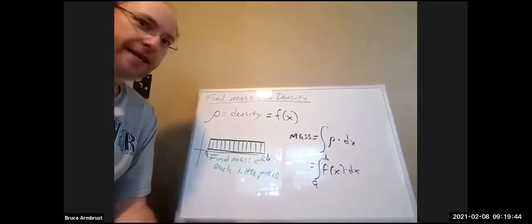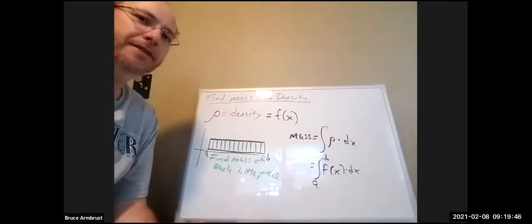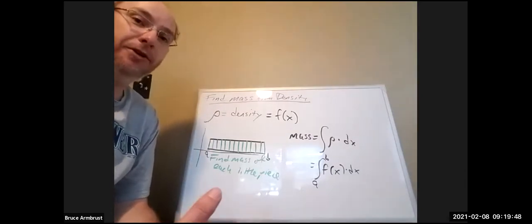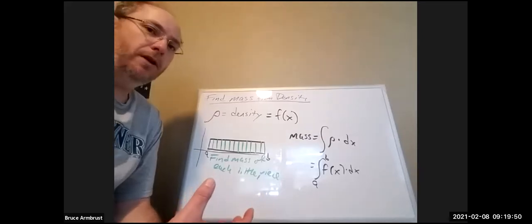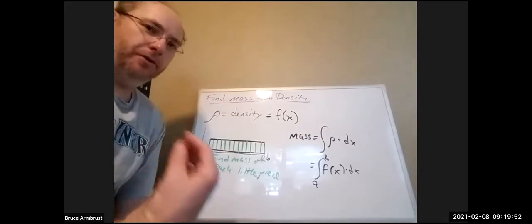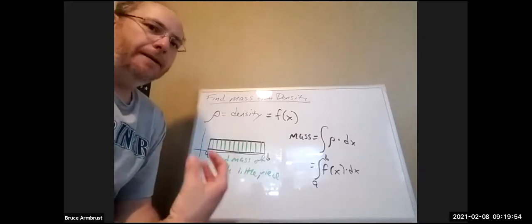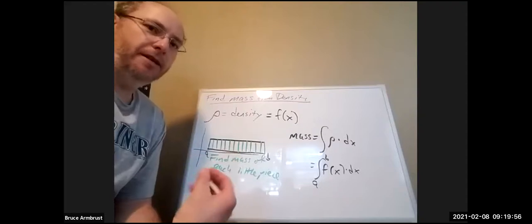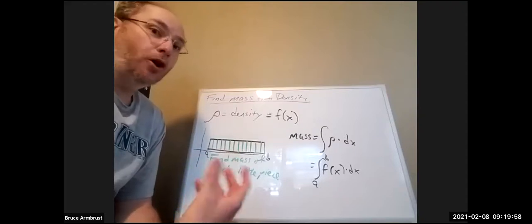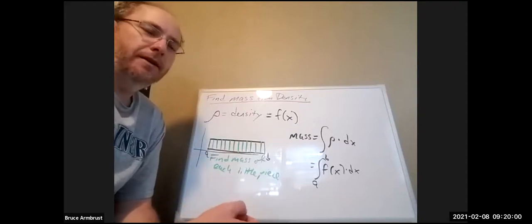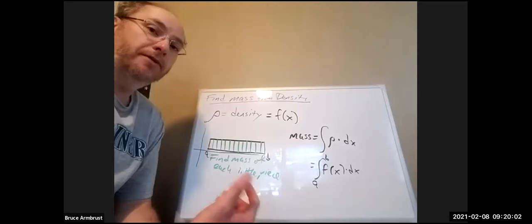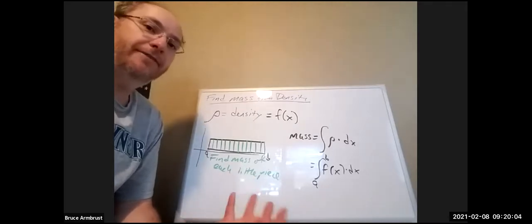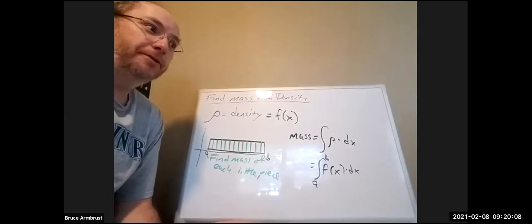But we don't tend to do that. Mass is usually just a value, right? Like we go, what is the mass of Bruce? Not how is the mass distributed in Bruce? Although, I mean, there could be people that would be concerned with mass distribution, and if you got a function for it, then yep, its derivative would be density.